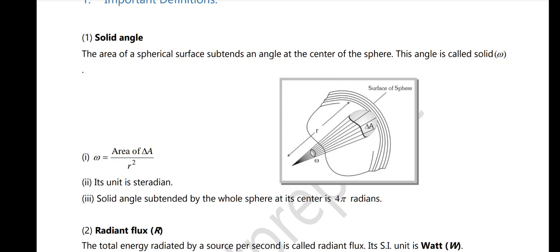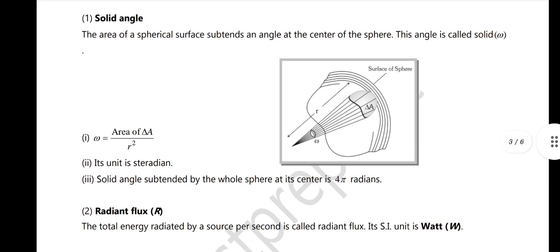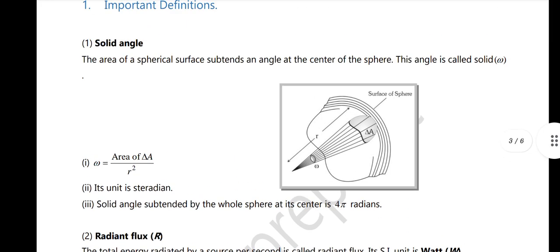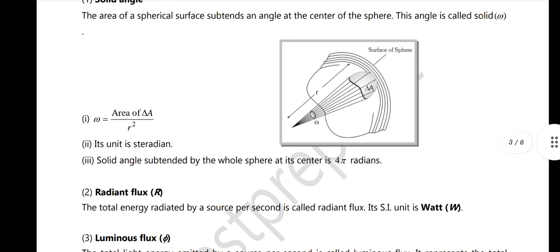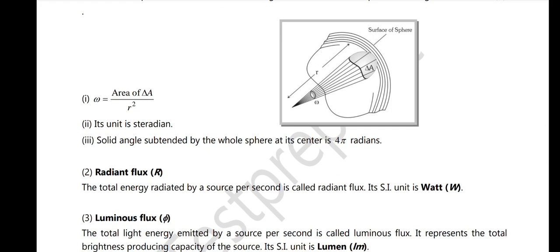This angle is called the solid angle, Ω. The formula for solid angle is equal to the area ΔA divided by r squared. Its unit is steradian. The solid angle subtended by the whole sphere at its center is 4π.